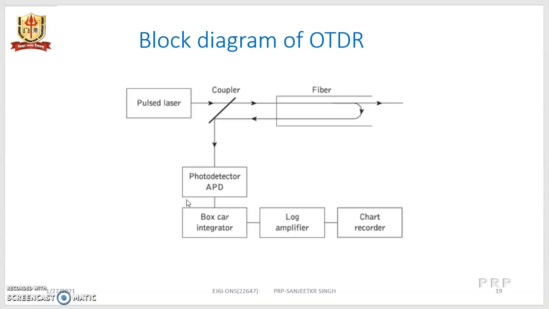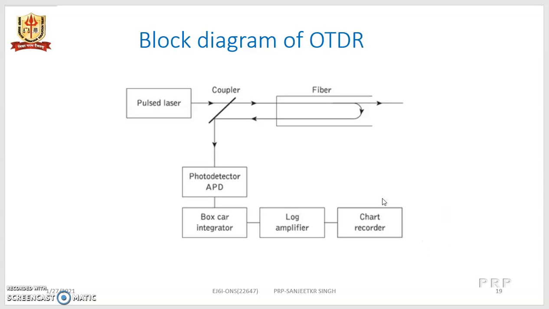Multiple measurements will be taken at one point within the fiber. Means at any point along the length of the fiber, there will be multiple reflections, multiple readings taken, and an average value will be given. So this signal from the integrator is fed through a logarithmic amplifier, and the average measurements for successive points within the fiber are plotted on a chart recorder.